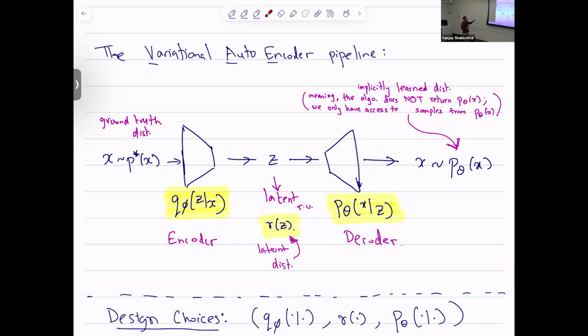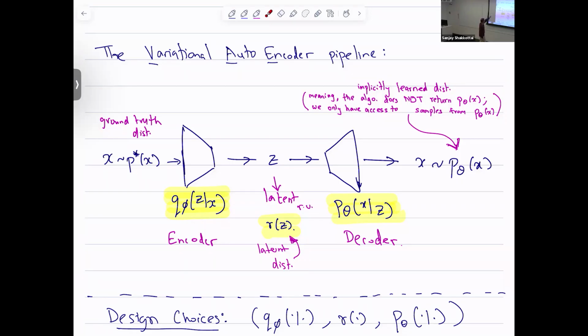The idea is I want to generate new samples from P star of X. That's the sampling problem. I have given you X1 through Xn. I want you to give me new samples from the same distribution. That's the sampling problem. There are other reasons why you would use this VAE. I'll talk about it in a second. But from this perspective, the first part, the encoder, is useful only in order to train a good decoder.